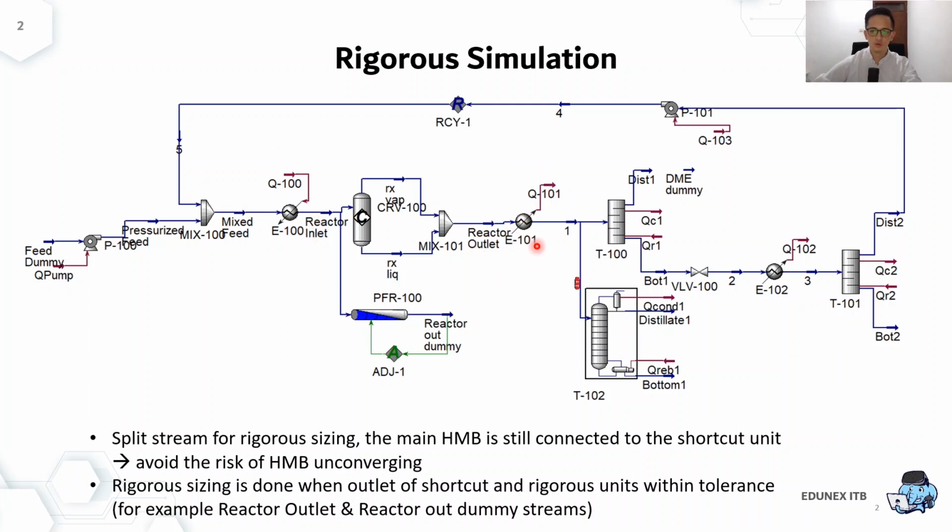And then for E101, this is a cooler, and we still use cooling water. And the rest of the distillation column will still use steam and cooling water. So that's why we now can combine or match the available hot and cold streams so that the energy recovery can be done and then the utilities can be reduced.